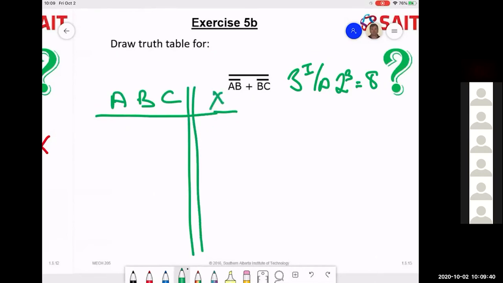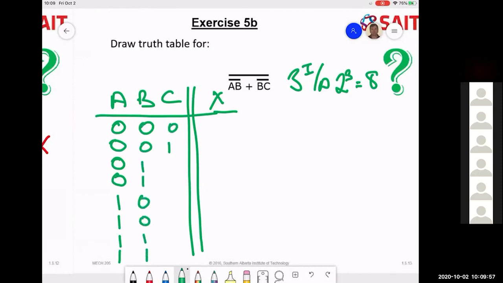I'll just give it X. I've got 8 inputs. Half of 8 is 4, so 4 zeros, 4 ones. Half of that is 2, 0, 0, 1, 1, 0, 0, 1, 1. Quickly assembling my truth table without even really looking at it. And an output of X.